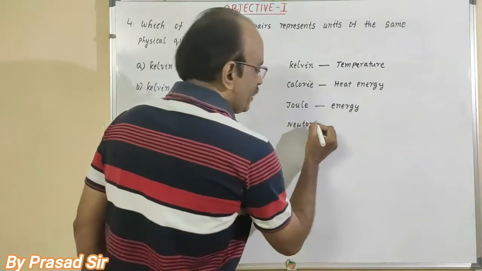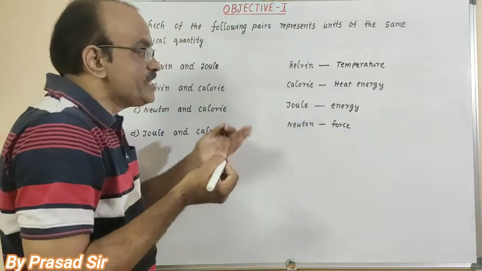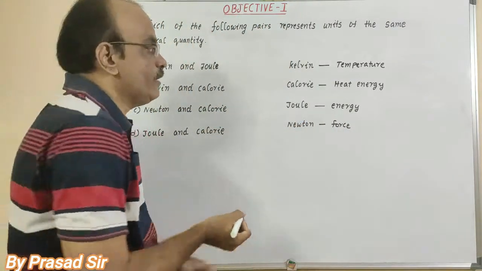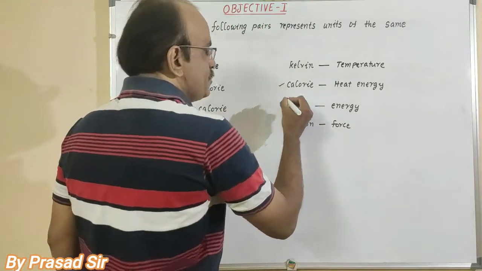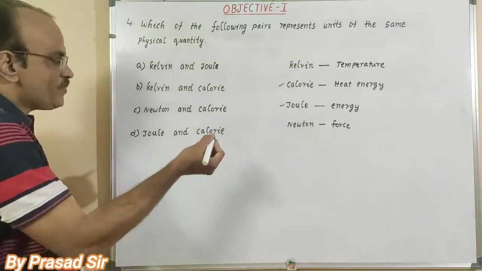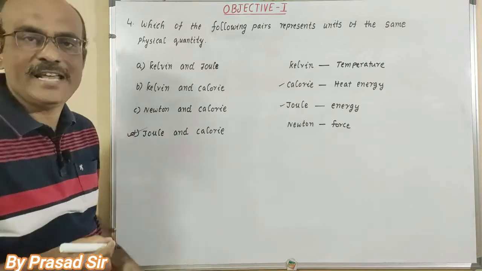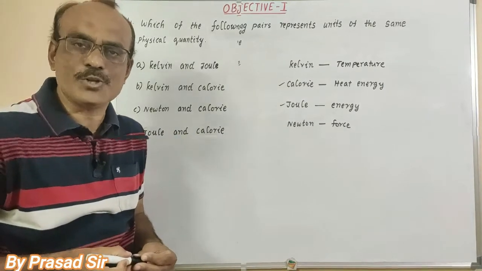But Newton is the unit for force. Which are having the same units here? Calorie and joule. Those two are having the same units. So option D is the correct one for this question.